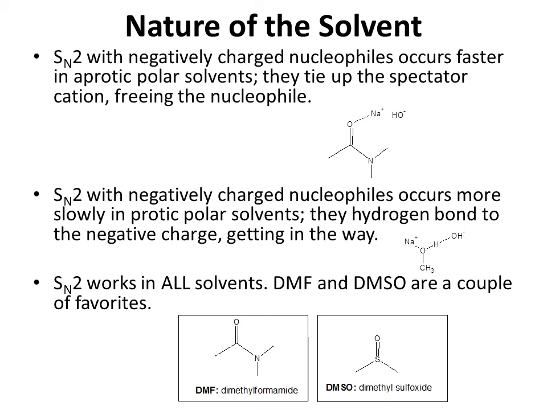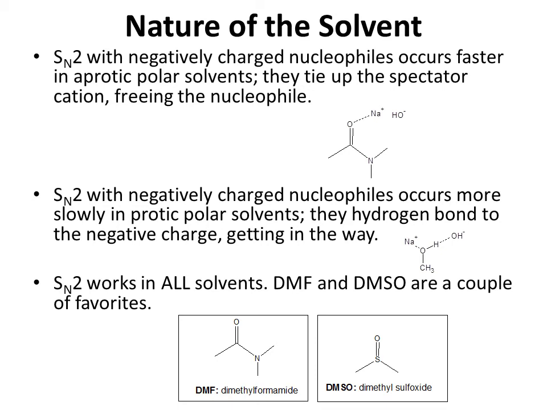Now SN2 with negatively charged nucleophiles will react more slowly in protic polar solvents because these solvents hydrogen bond to the negative charge, getting in the way of the reactivity of the nucleophile. So again, if you look at the example in the middle, you see that the sodium cation is forming a dipole ion interaction with the oxygen of methanol, which is a protic polar solvent, and methanol is also hydrogen bonding to the hydroxide.